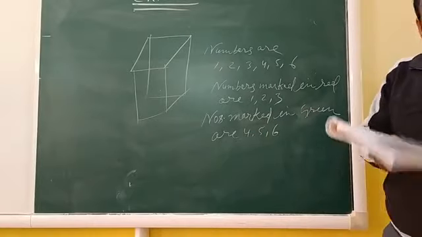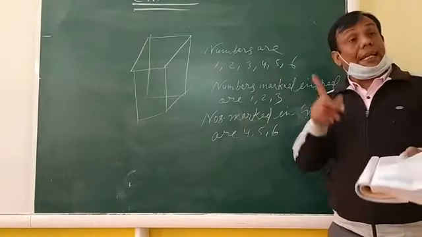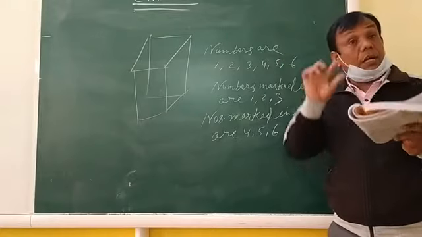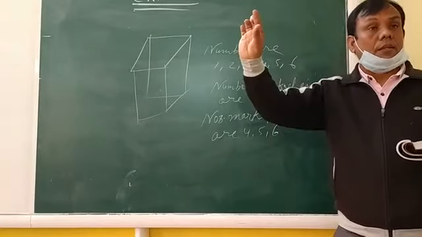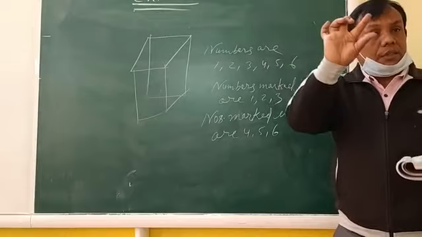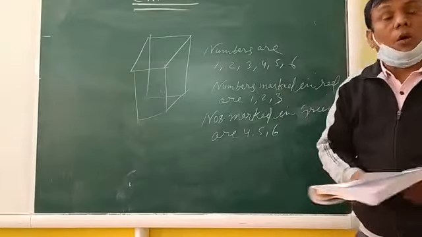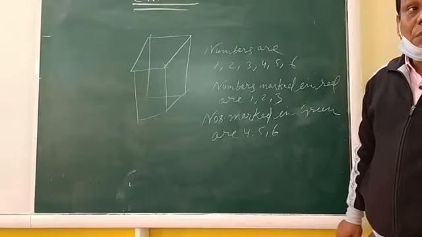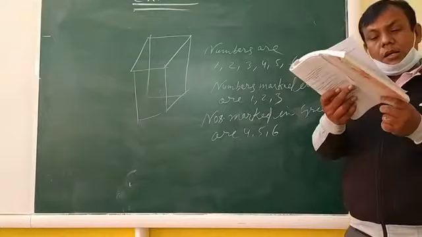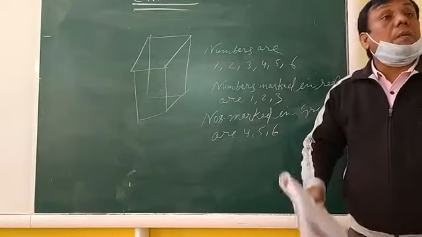Okay, this is the question. Now the question is, let A be the event, the number is even. A is the event, the number is even. What you will write in A? 2, 4, 6.